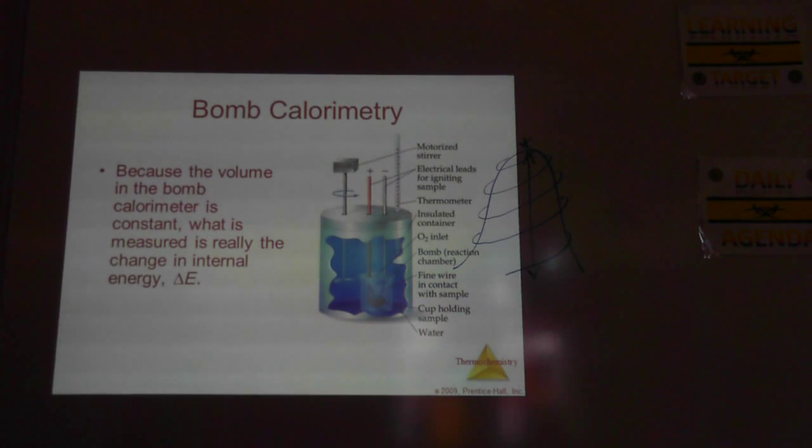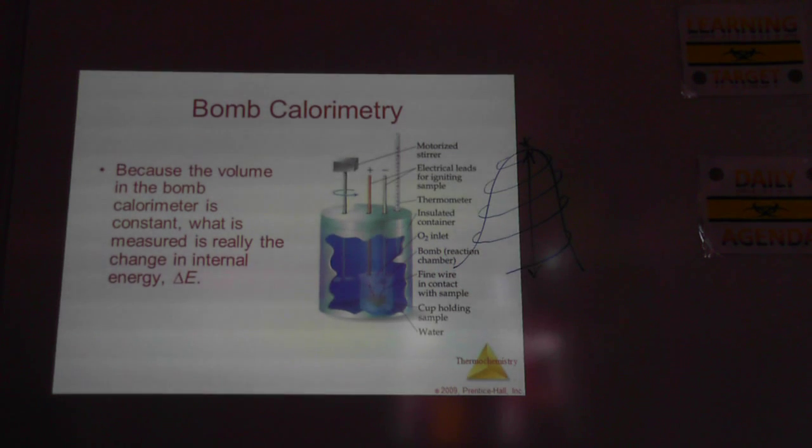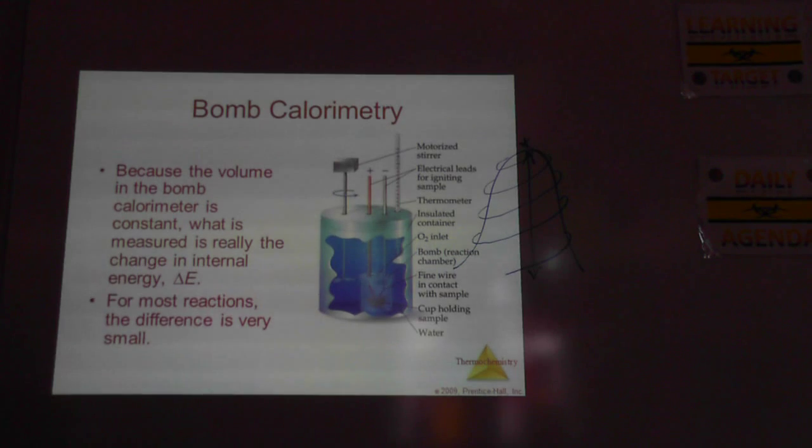So basically what's going on here is there's not going to be any work done. There's no distance. Nothing is moving. There's no force being applied over a certain distance of time. The only thing that's occurring because of the reaction is a change in the temperature of the water. Okay? So for most reactions, the difference is going to be relatively small.